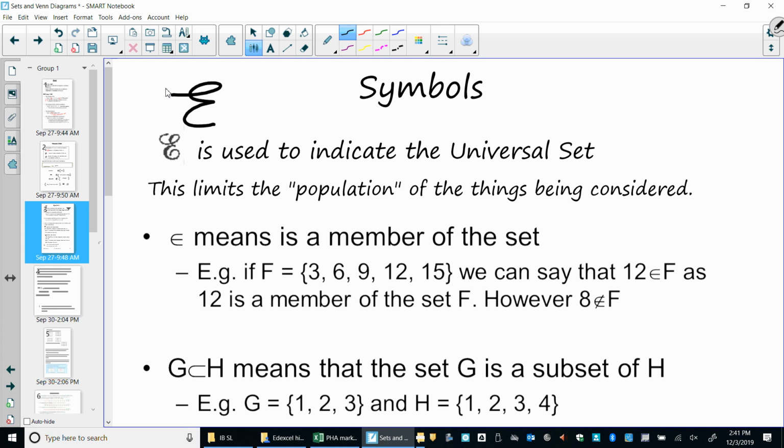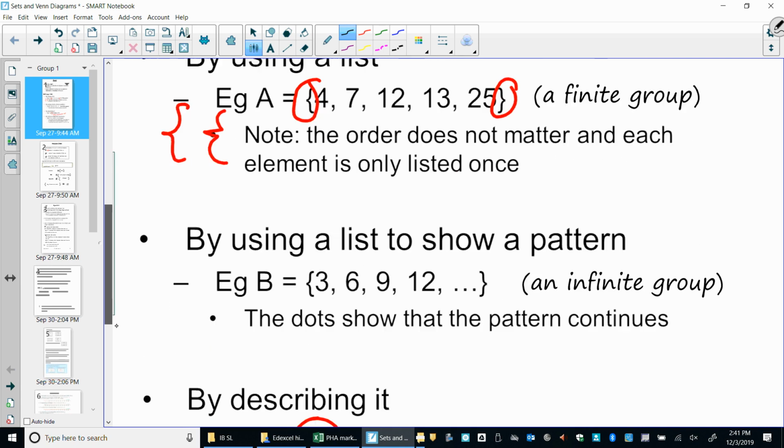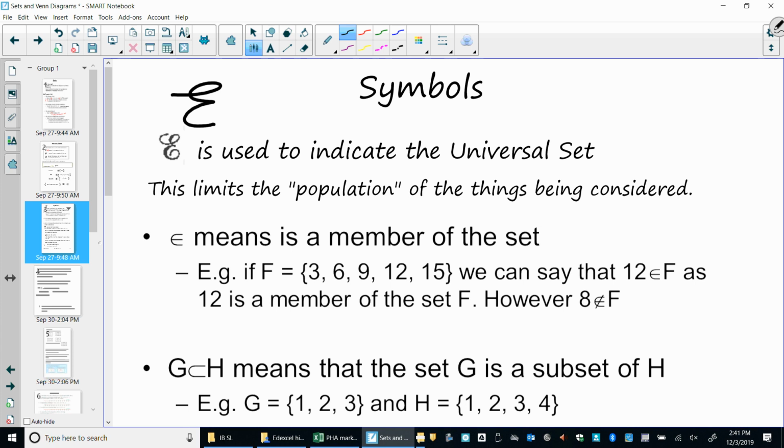So if we went back to when we said all multiples of 4, you would be limited by your universal set. They might say they're looking at numbers between 0 and 20, so you're only actually looking at the multiples of 4 between 0 and 20. This E means member of, element of.